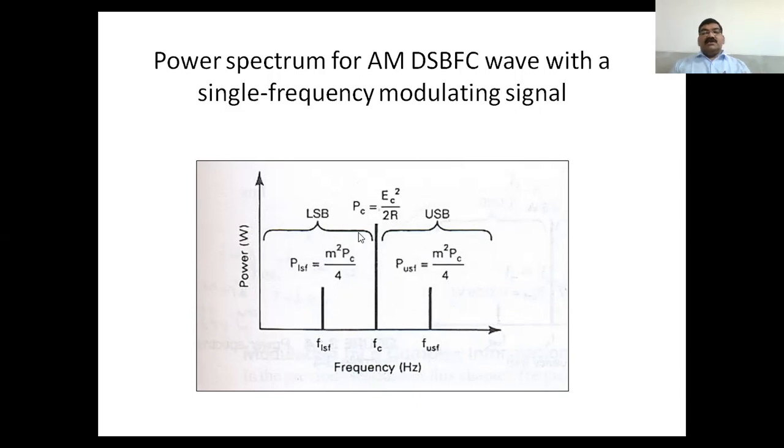Here the formula is different, M square PC by 4, and for voltage it is different. You should remember this formula, and this is the general concept for the frequency power spectrum of the amplitude modulated double sideband full carrier wave. Is there any doubt?